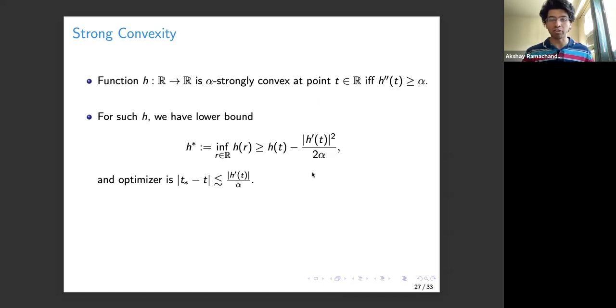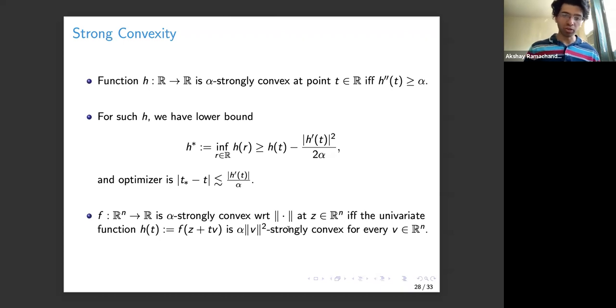So that means that if you have a point with small gradient, that's what h prime is, then you'll reach the optimum quite quickly, right? Because your function is curving upward quite fast, right? So what this says is for any alpha strongly convex function, you have a much stronger lower bound on the optimum in terms of the gradient at this point. And in fact, you have a bound on how far the optimizer can be away from t. Cool. We'll use both these ideas when we analyze more complex functions.